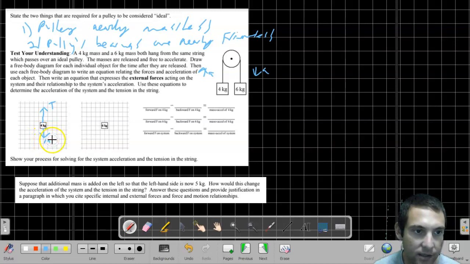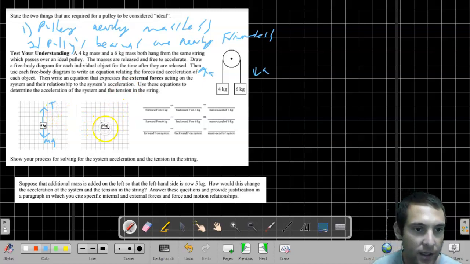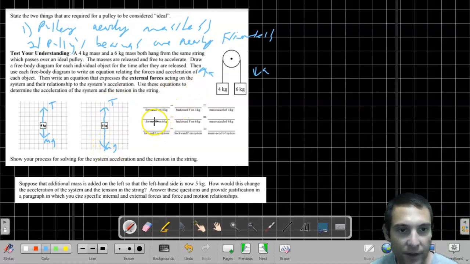It can't be as much or more than the tension, because then you have a different net acceleration. Here, though, our tension is going to be the same thing, going 1, 2, 3, tension, and then 1, 2, 3, 4 mass times acceleration due to gravity.